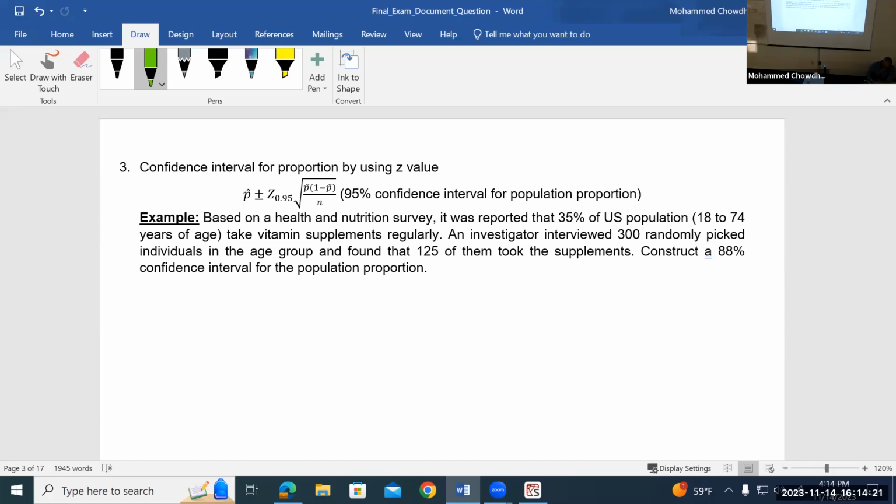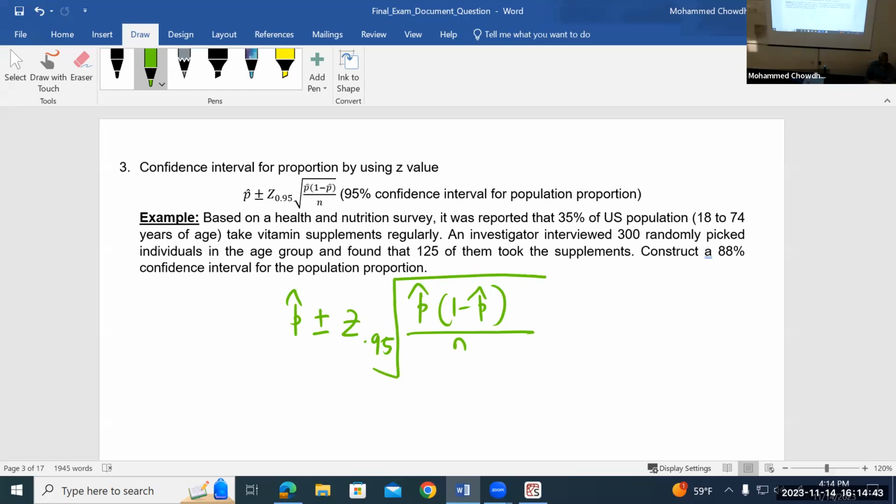So now here they want to construct the population proportion. The formula is this: p hat plus minus Z 0.95 square root of p hat times 1 minus p hat over n. This is the formula, okay? Now p hat equal to what?